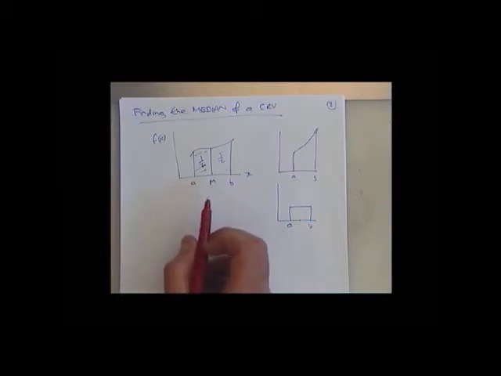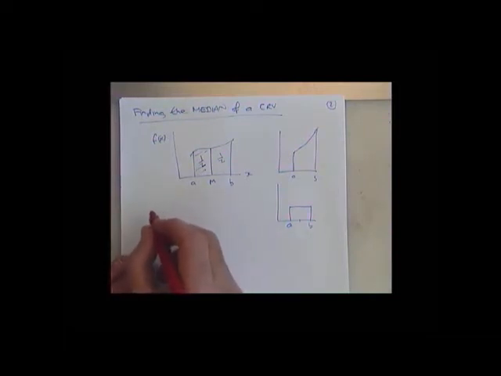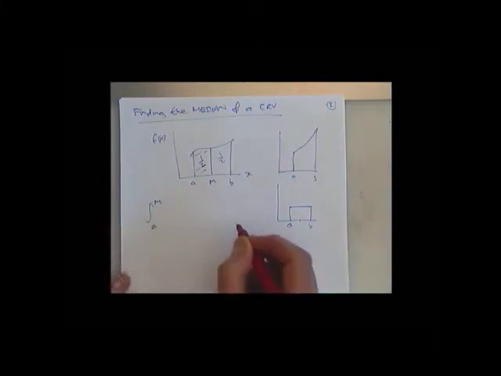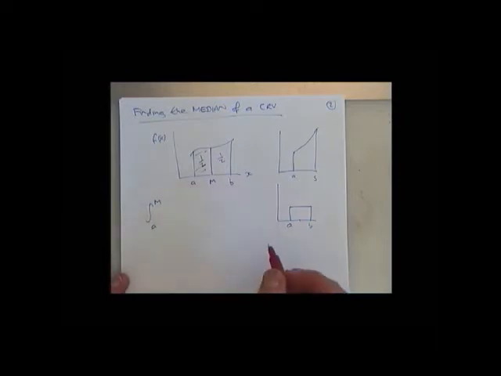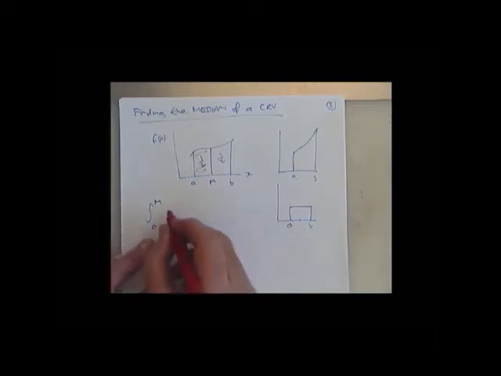Ben, would you have a stab at that? You can pass if you want to. Okay, go on. The median is point M such that integrating between M and A is equal to B and M. That's correct. But can we maybe get away with not mentioning A, M, and B? Or M and A is equal to half, or B and M is equal to half.